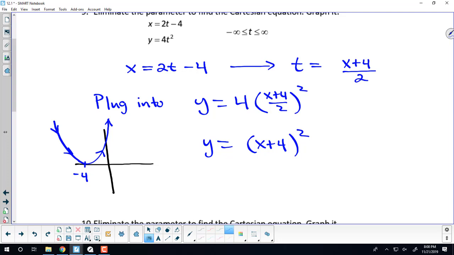No initial, no terminal. Okay. Any questions on that one?